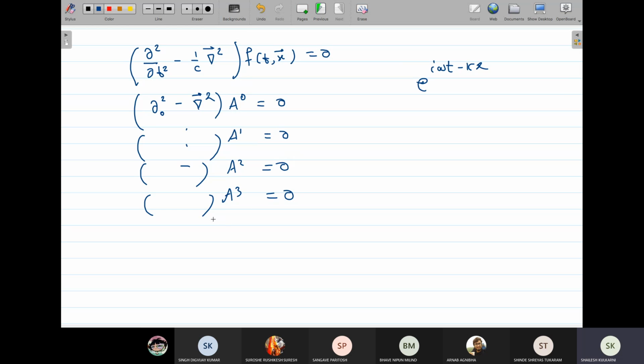So I have 4 functions, each of which represents a plane wave. There will be some amplitude factor here for each of them.